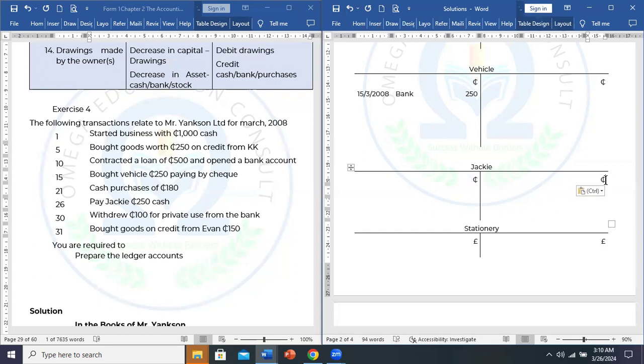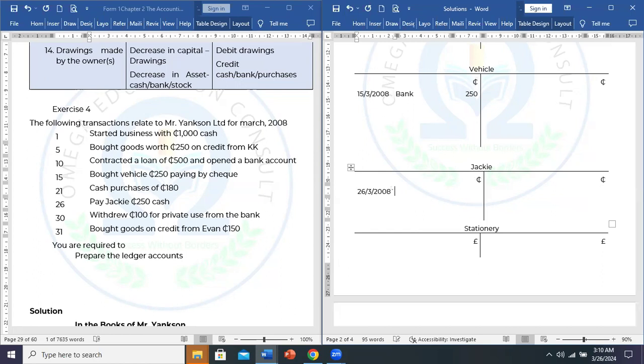So in terms of the debit and credit, I've said it, if you pay cash, you credit cash, right? So we are going to credit cash. If you don't know even where to do the debit, you know that if you have done the credit, the corresponding debit will be in Jackie's account. So we'll debit Jackie, 26 March 2008.